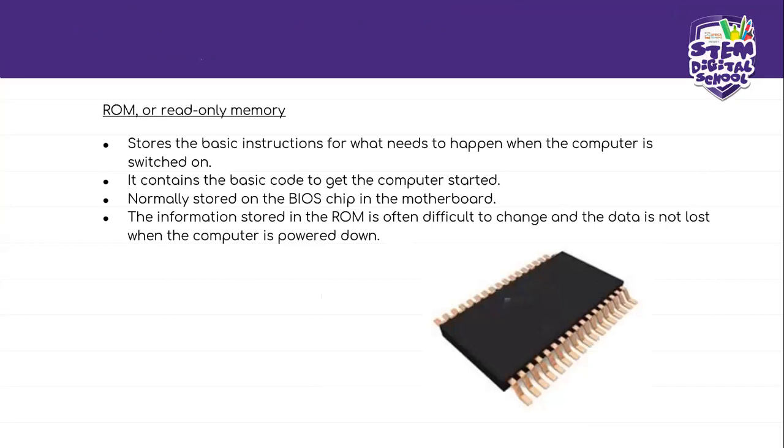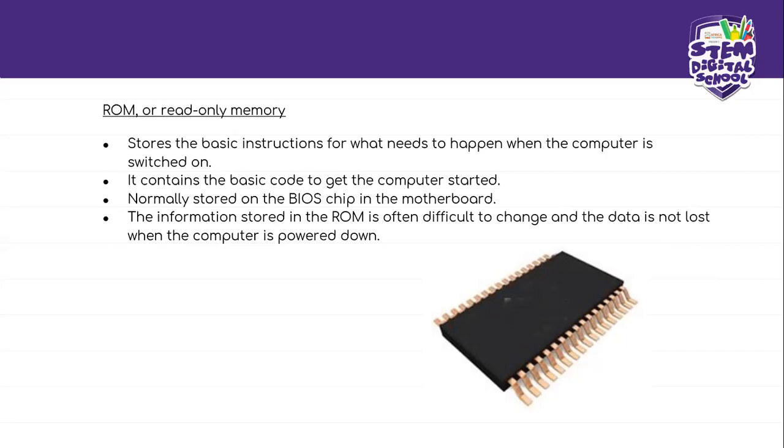Right, so we said RAM holds the instructions and data of programs that you are using, the instructions that you are giving the computer. It holds them for a very short period. Once the computer is turned off, the data and instructions on the RAM get lost.